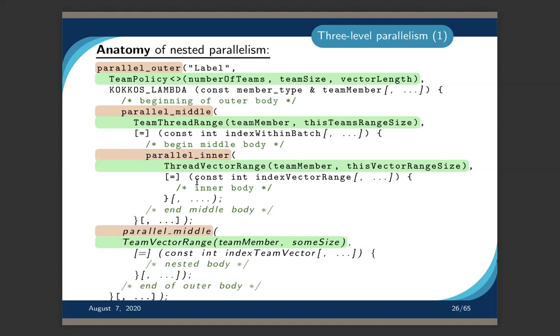But we do not want to do that and support that, because passing the team handle on in your API, in function calls and so on, indicates, oh, this is supposed to be called inside of a hierarchical parallelism team policy loop or team policy section. And it tells you that this function will probably use nested parallelism, right? So that's why we do that.